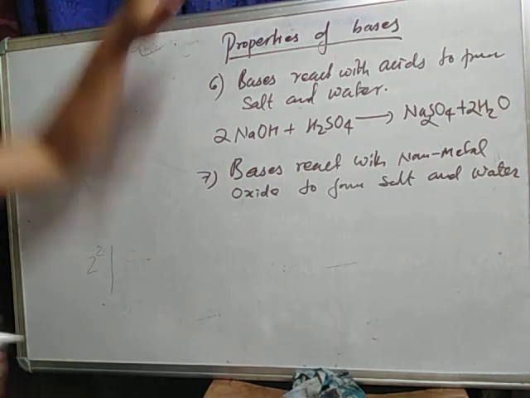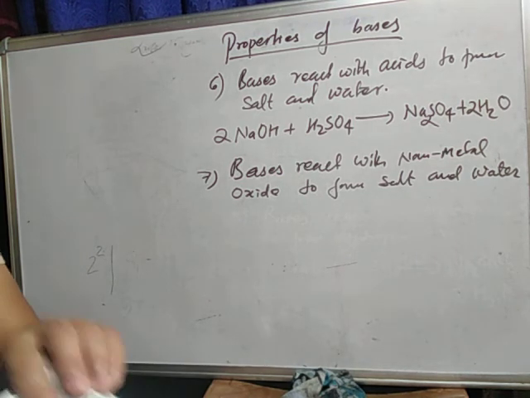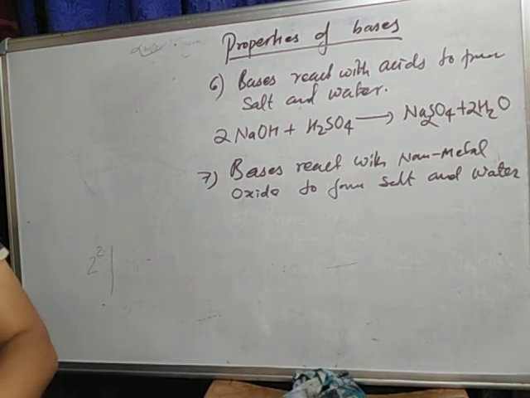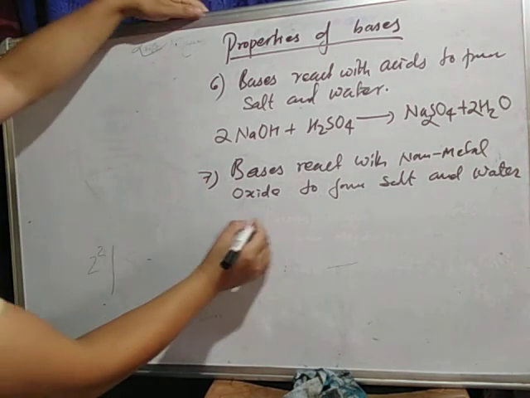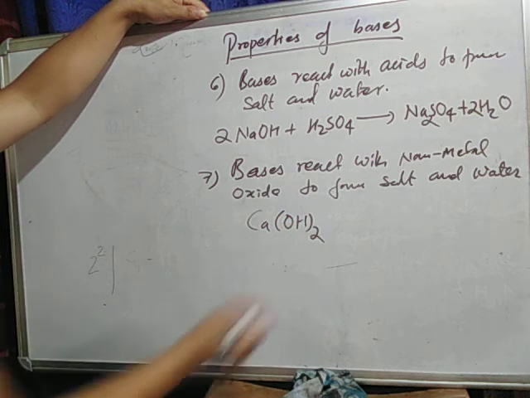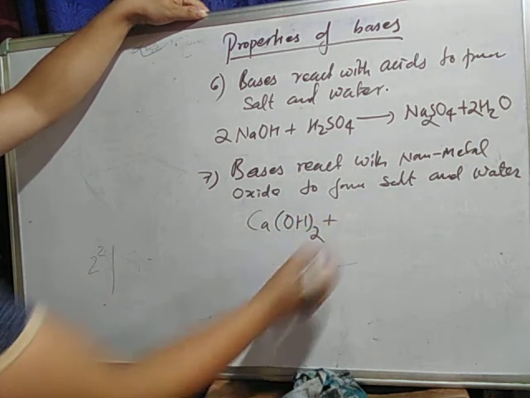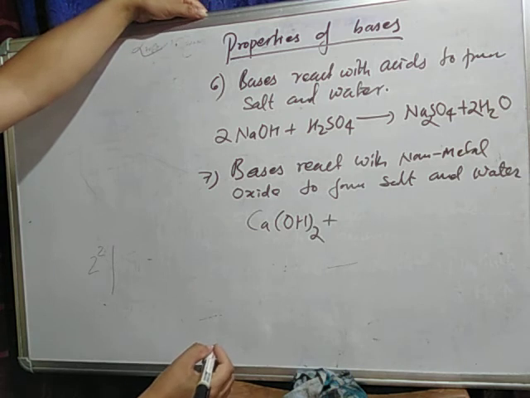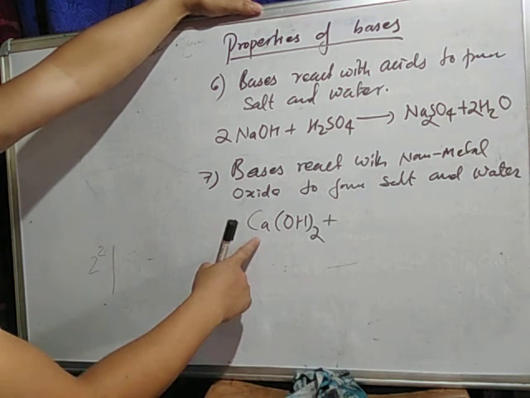So take one base. Let us see the example. Okay. So let us take calcium hydroxide, it is your base, isn't it? And oxide is there, isn't it? So plus with base. This is base, isn't it?